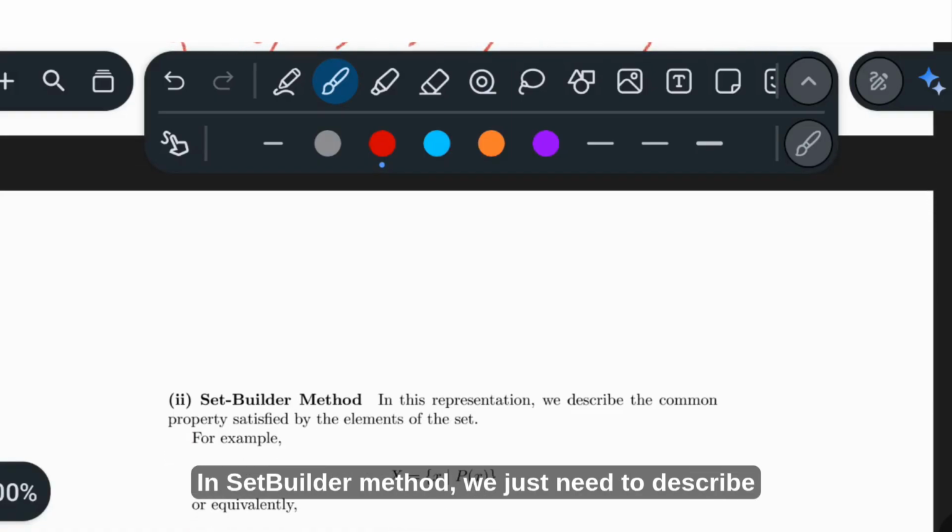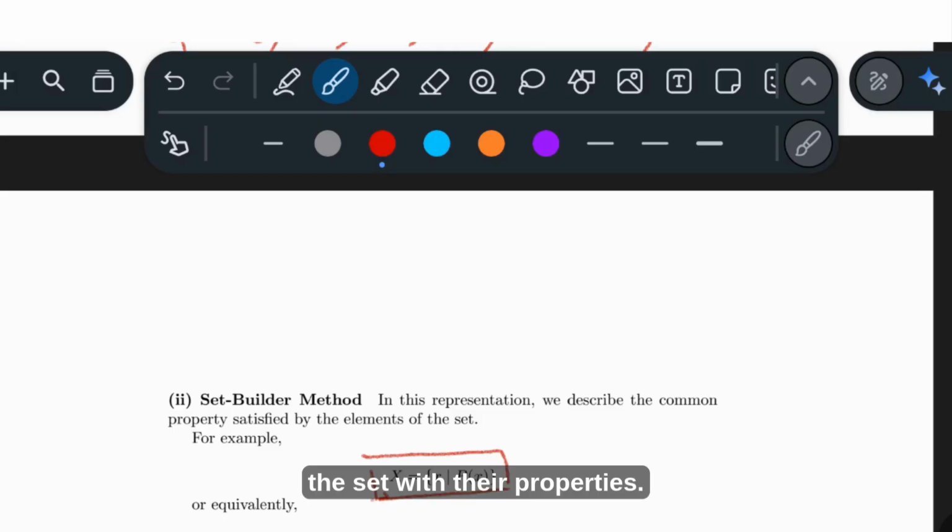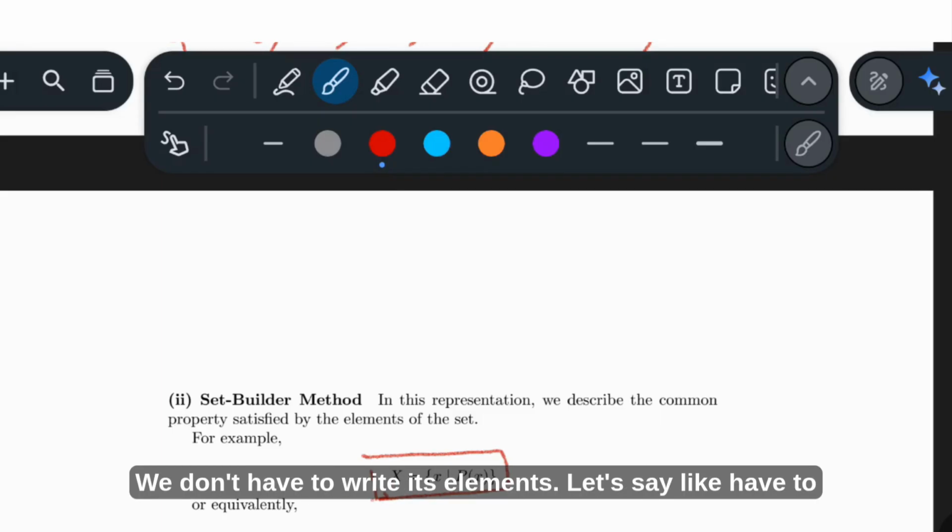Now move to the set builder method. In the set builder method, we just describe the set by its properties. We don't have to write its elements.